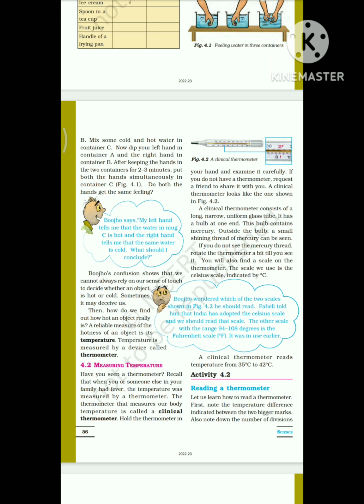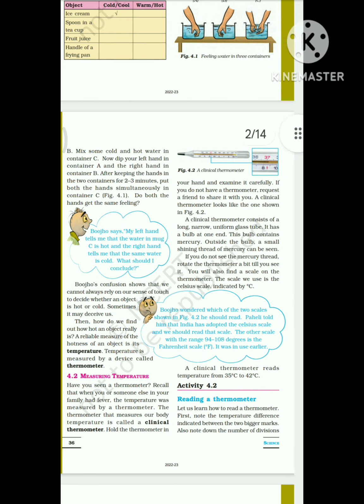Then 4.2, which is measuring temperature. Have you seen a thermometer? Recall that you or someone else in your family had fever. So what do you do? You first check the temperature using a thermometer. The thermometer that we use to check the body temperature is called a clinical thermometer.